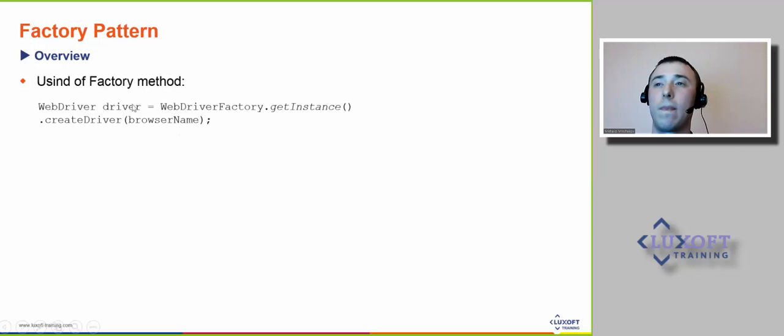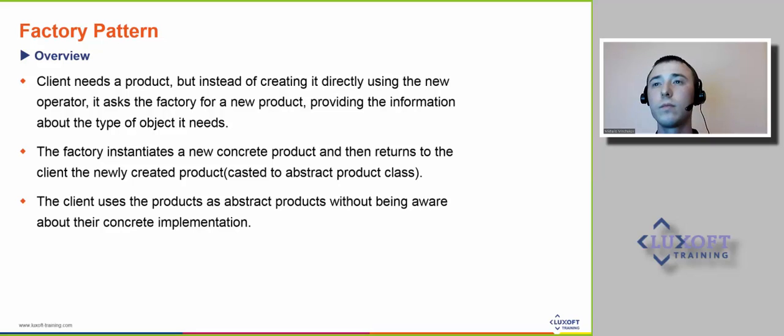So in our example, we will have a driver variable of type WebDriver, and we don't know which child of WebDriver, which concrete instance of WebDriver, is returned. We just have WebDriver.